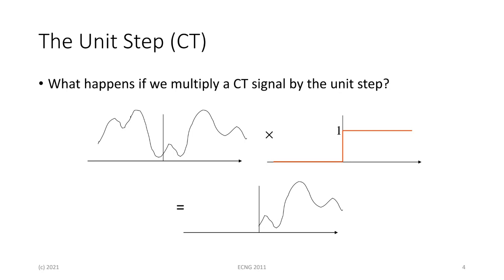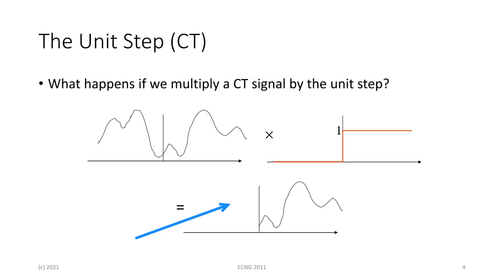What happens if I multiply a continuous time signal by the unit step? Well, because the unit step is 0 for t less than 0, all of the signal before time equal to 0, the signal multiplied by 0 is 0.